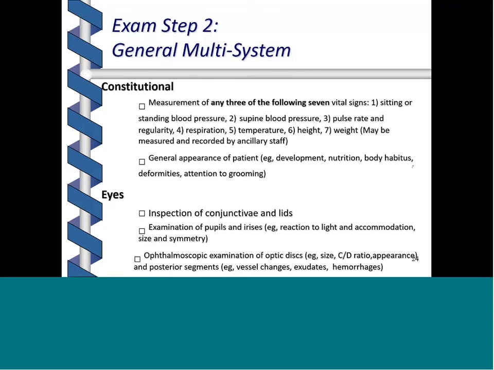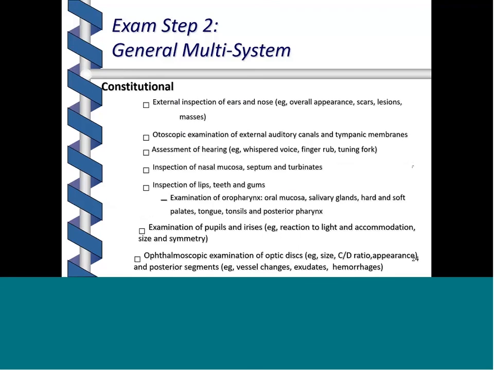So if you're going to do an examination of the pupils and irises, you have to do both the pupils and irises. If you did just the pupils and not the irises, let's say, then you don't get credit for that bullet. So again, I think that they've set those exams up, Amanda, Sandy, so that it meets exactly what the requirements are. So if you check that bullet, it means that you provided that bullet.